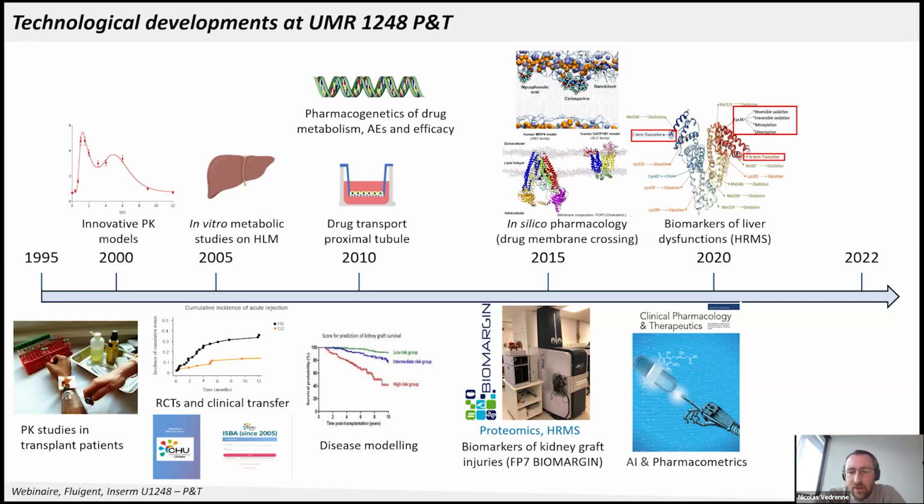Machine learning models help us to predict the appropriate doses and adjust the drug regimen according to each patient and individual profile. More recently, we have also explored pharmacomicrobiomics to understand how the gut microbiota influences drug metabolism, exposure, and also toxicity.